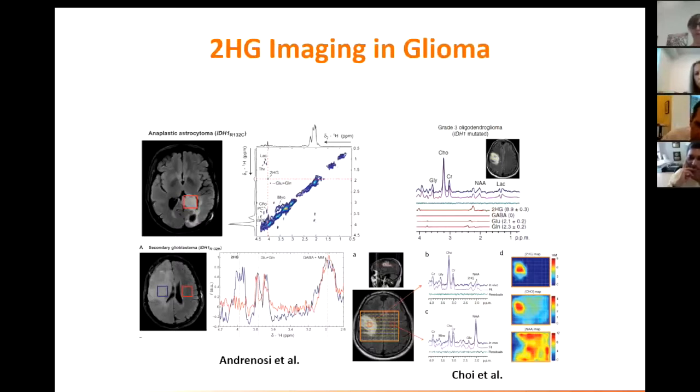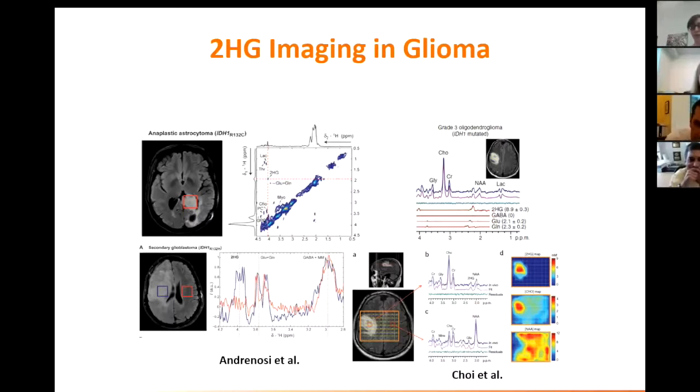So 2-HG is a metabolite that is only made in tumors that have the IDH mutation, and it then accumulates to very high levels, about 100-fold, and it can be detected by MR spectroscopy. And that's remarkable because MR spectroscopy is actually FDA approved for glioma, and we can now leverage this technology specifically for the measurements of this oncometabolite.